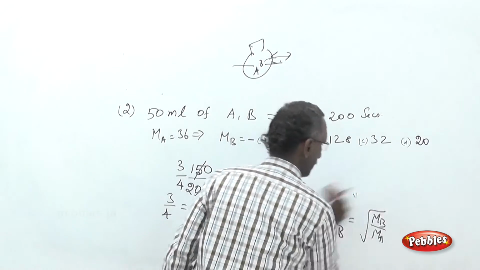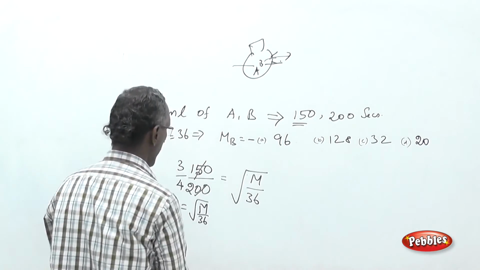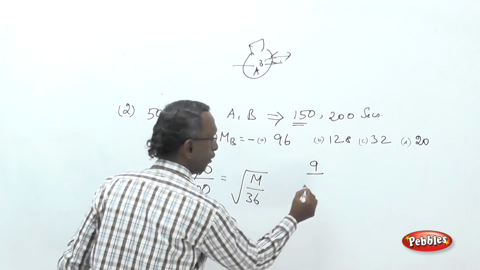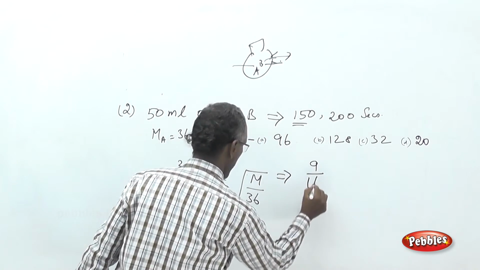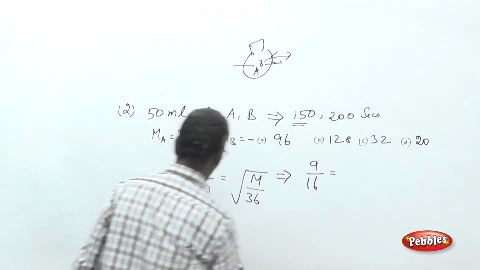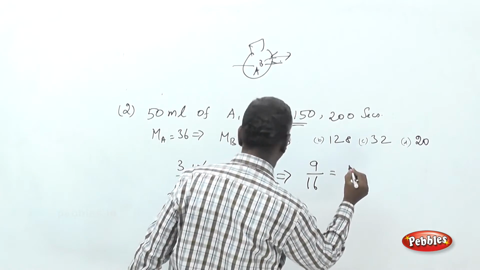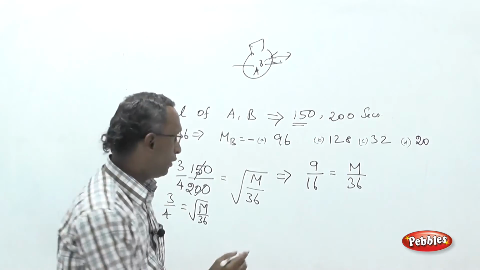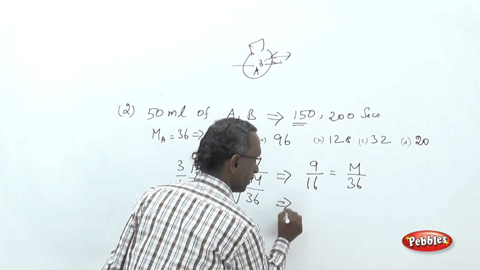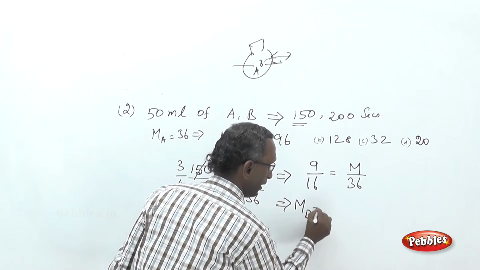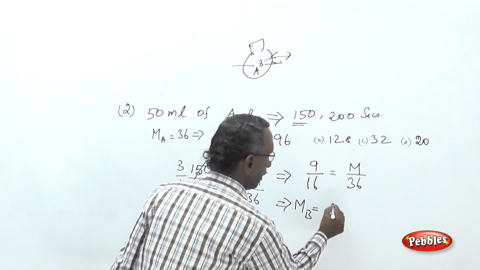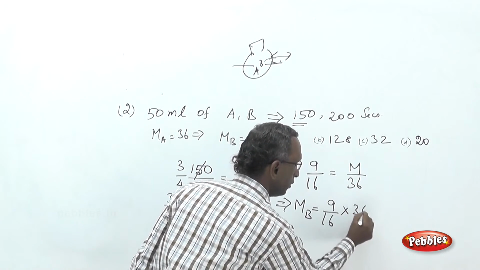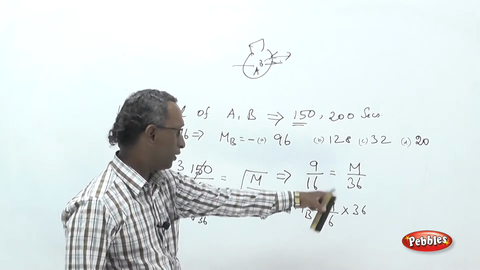So hereafter it is only algebraic. You take the square on both sides. 3 squared is 9, 4 squared is 16, equals M by 36. On simplification, we want M, that is MB, equals 9 by 16 into 36, the 36 going to the opposite side.